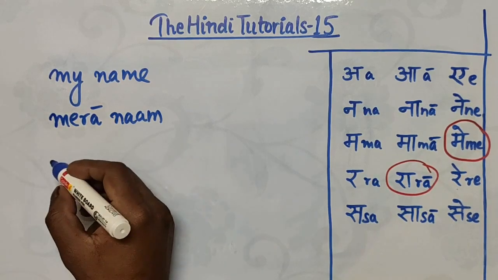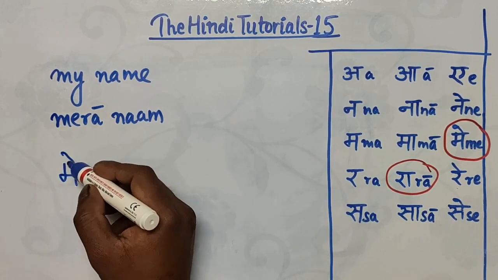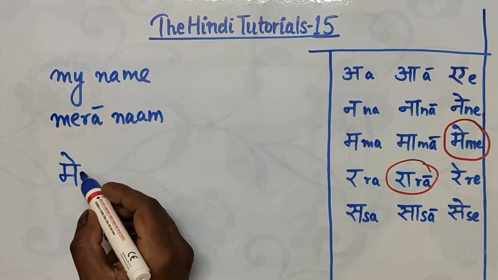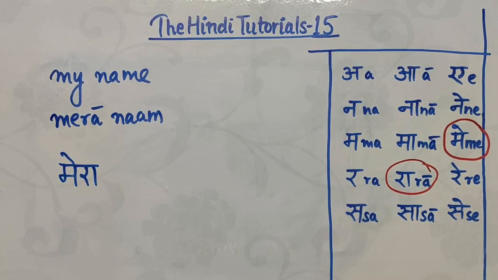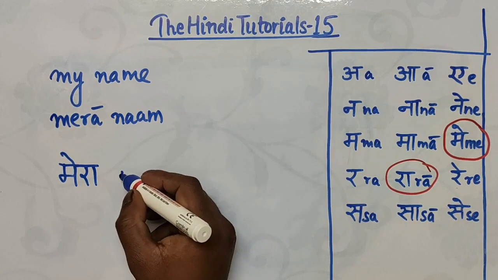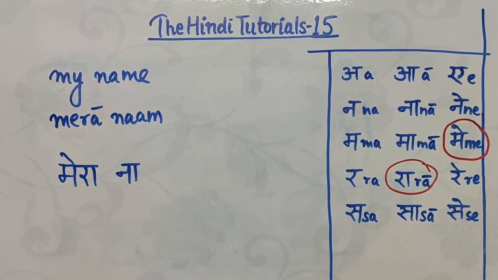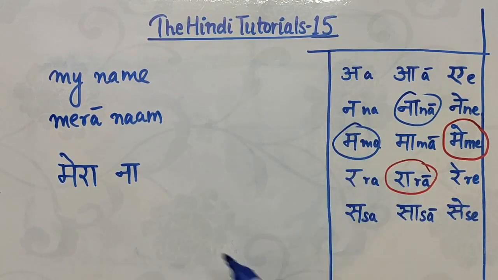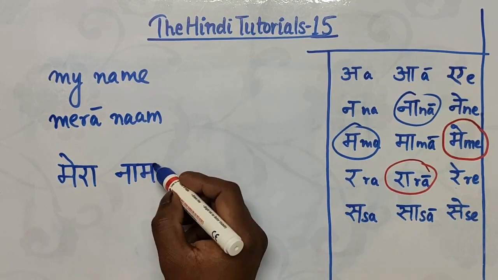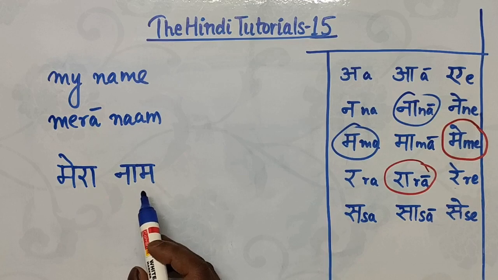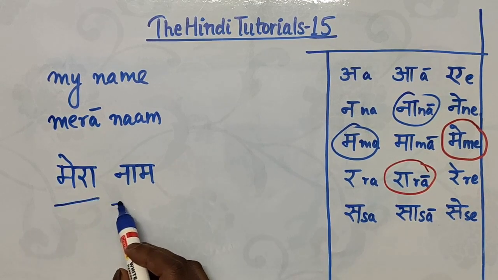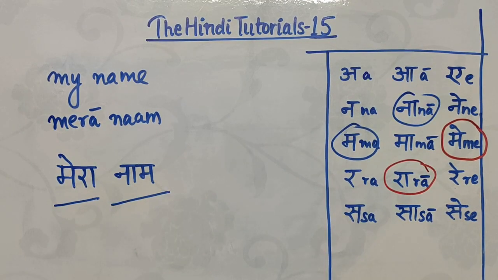Now we'll write mera. Me, ra. Mera. Na, ma. नाम. मेरा नाम. My name. Easy peasy, isn't it?